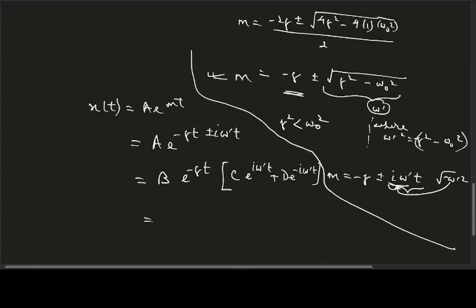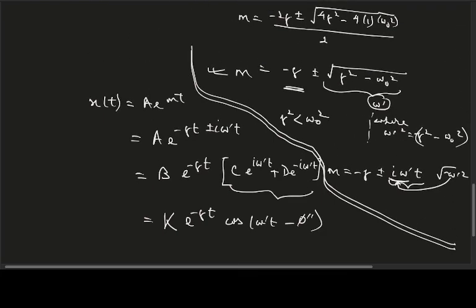So this becomes our solution. Let's take this form as k e to the minus gamma t, and this is nothing but an oscillatory solution again, cosine of omega prime t minus some phi double prime. This is your next initial phase.